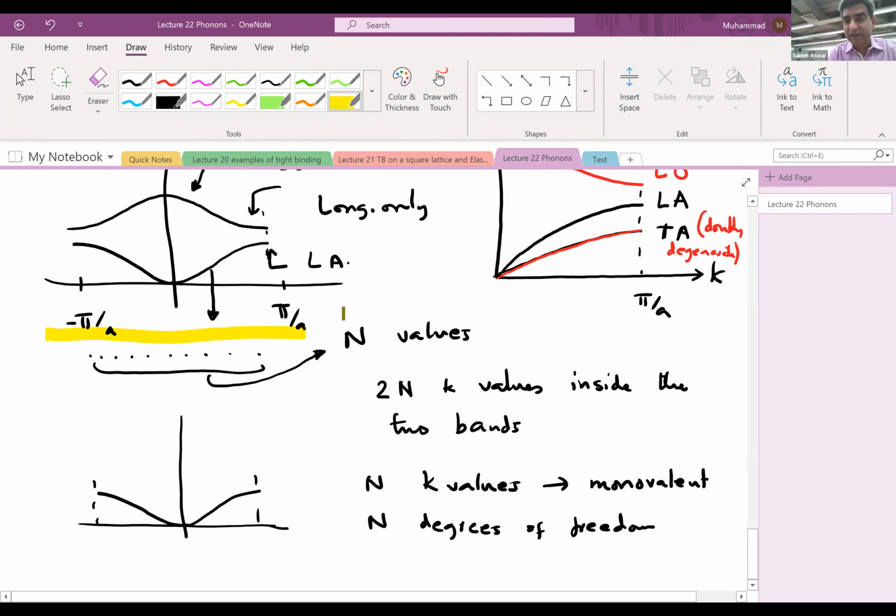Suppose I have a triatomic unit cell. Sorry, in this context, monoatomic means one kind of mass, and diatomic means two kinds of masses. I earlier said monovalent, but it's monoatomic. I'm sorry about that.